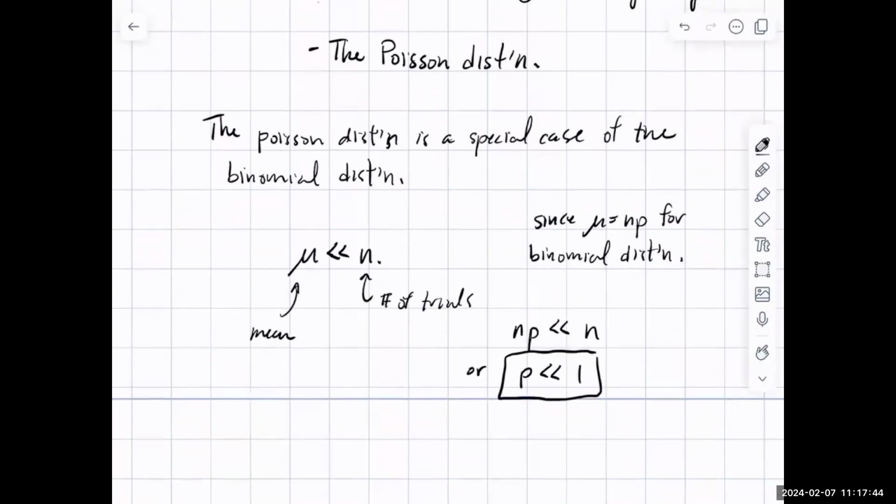So that gives kind of like a little more intuitive interpretation of what the Poisson distribution is. It's the distribution when the probability of success is very small.